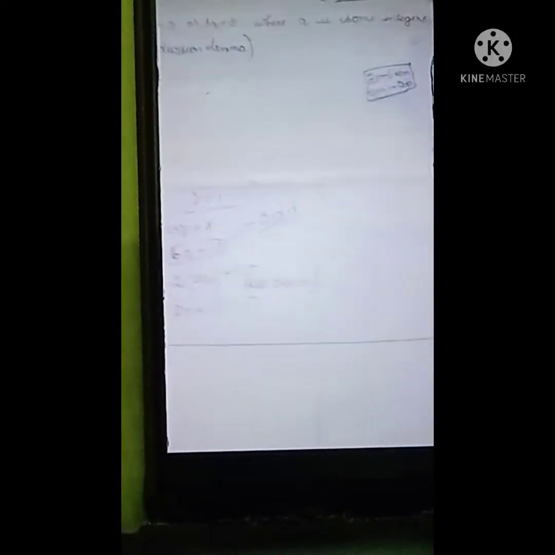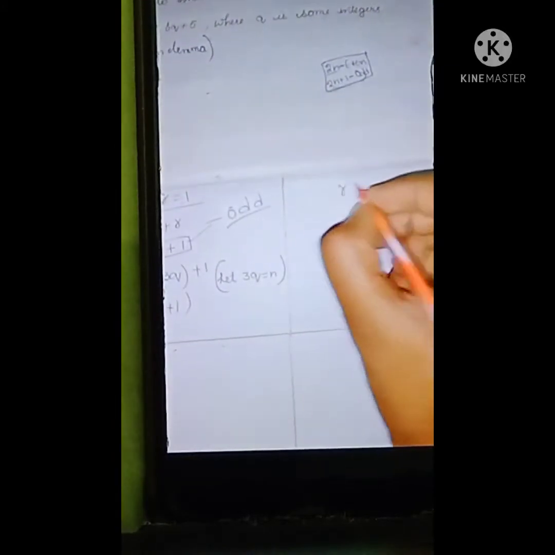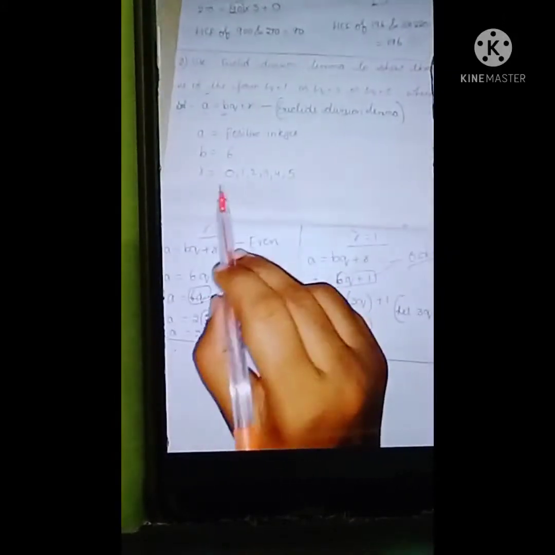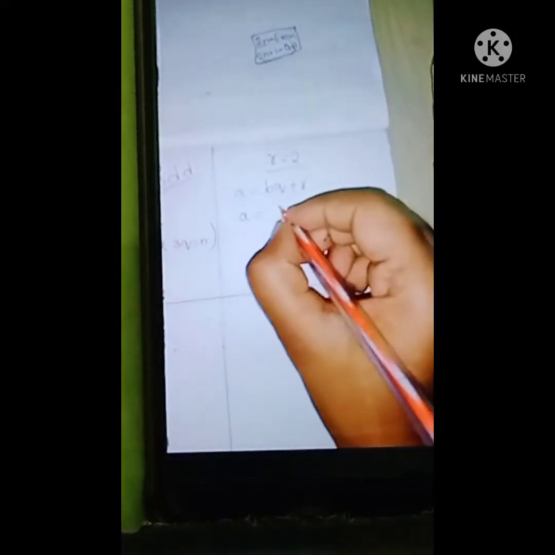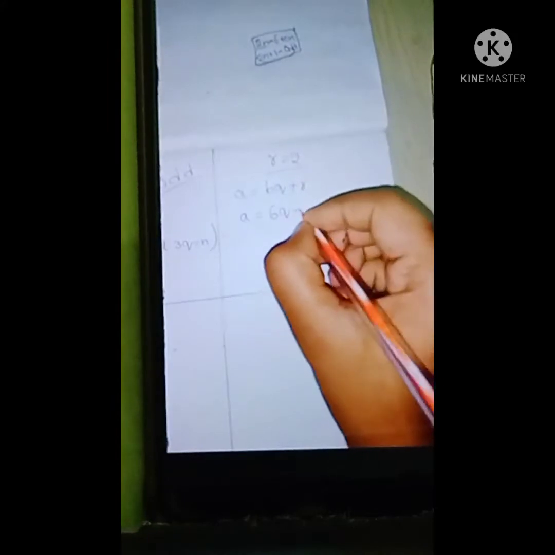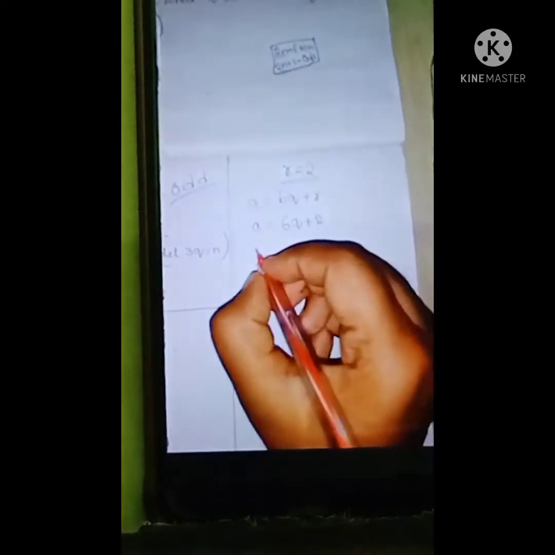Okay. Now let's go to the next step, that is R equal to 2. We are taking all of these because we got 0, 1, 2, 3, 4 and 5. A is equal to BQ plus R, where R is equal to 2. 6Q plus 2. Now let's check whether 6Q plus 2 is even or odd.